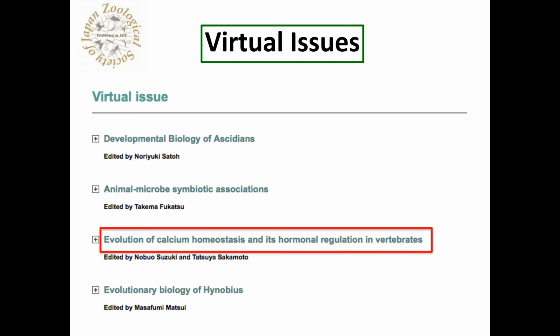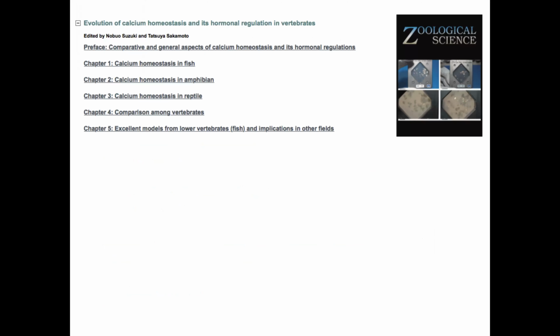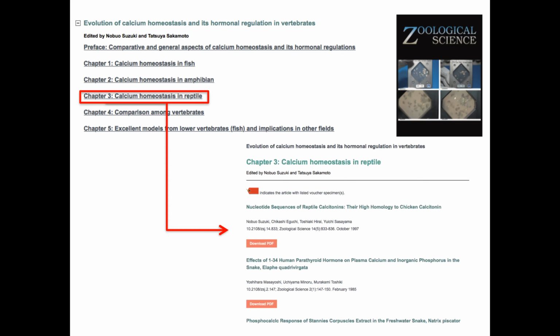If I click on this one right here, then you get a preface and a list of chapters. And if you click on one of these chapters, then you get a list of all of the different papers within this chapter. So this is a way to find or to collect a lot of articles on a specific topic that you wish to research in detail. So this is another organizational method, and I think this is also very convenient.